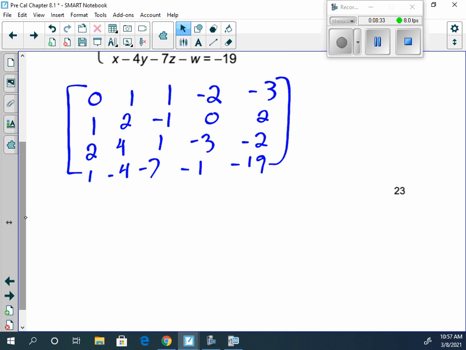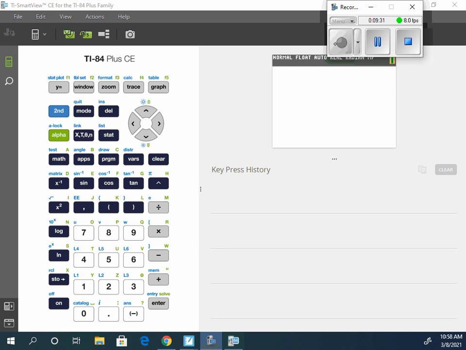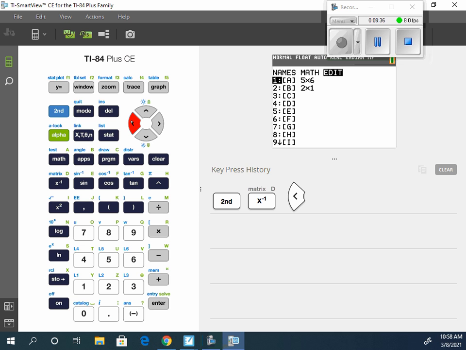So it's a 4 by 5 matrix. And the first thing we can do is type this in. Matrix, enter.